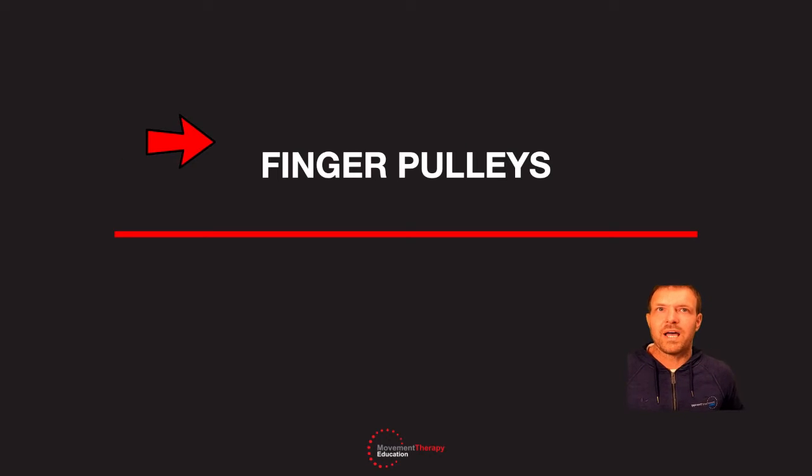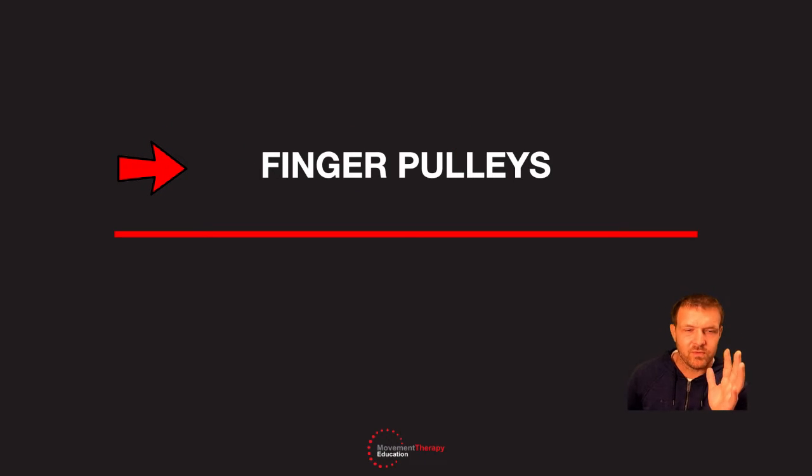Cool. So we've got finger pulleys. You might not have heard of these before, but we have several pulley systems within the fingers, and this is what I was saying before about how the structure of the hand, so the connective tissue in the hand, helps us generate force from these really long muscles and the long tendons. If you want to lift a heavy object, you use a pulley system.